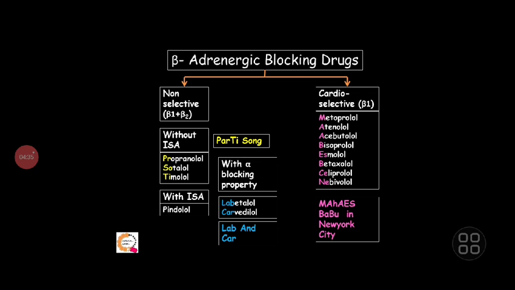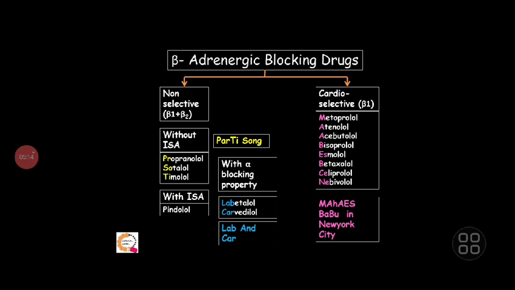Now coming to the second category, which is cardioselective, means these drugs basically act on beta 1 receptor. These are selective for beta 1 receptor, and these drugs are metoprolol, atenolol, acebutolol, bisoprolol, esmolol, betaxolol, celiprolol and nebivolol. So I am making a small trick for remembering them. I think you all know about Mahesh Babu, a South actor. So my trick is Mahesh Babu in New York City.